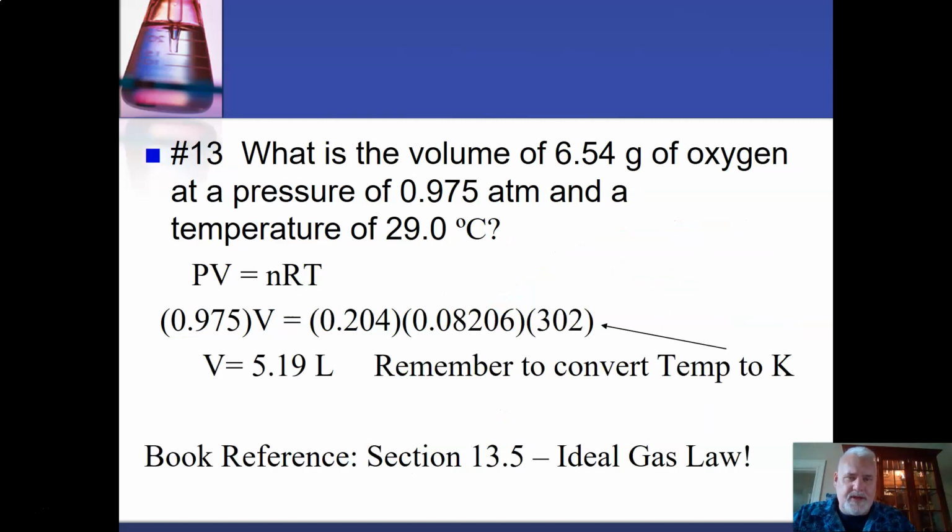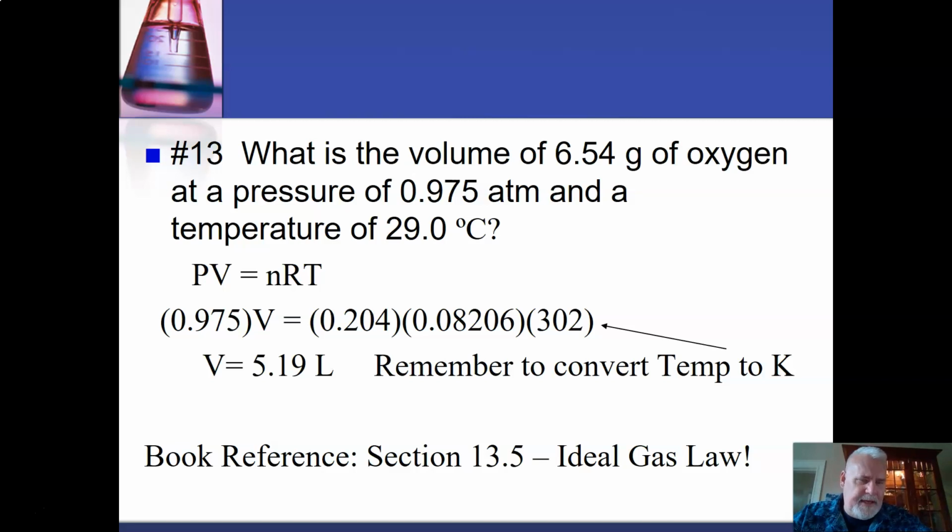Since the gas pressure is in atm, 0.0821 is what we used. This is an AP version. Sometimes I get things from different sources, but that's basically 0.0821.